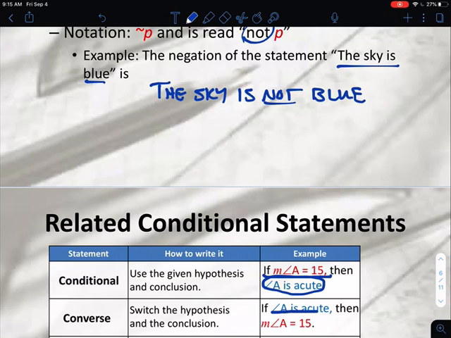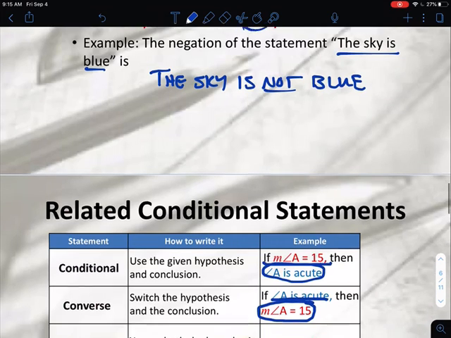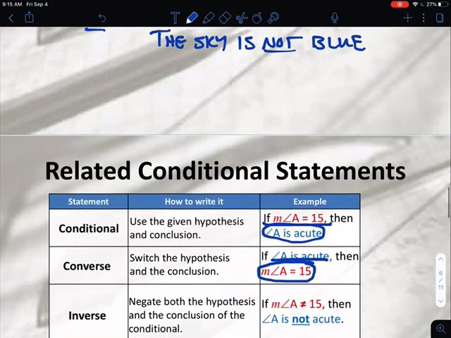As you see in the example here, now angle A is acute became our hypothesis. The measure of angle A is 15 became our conclusion. So we took the conditional and we just flip-flopped it. If and then stayed put. If is always first, then is always second, but the statements afterwards flip-flop. So with the converse, switch hypothesis and conclusion.